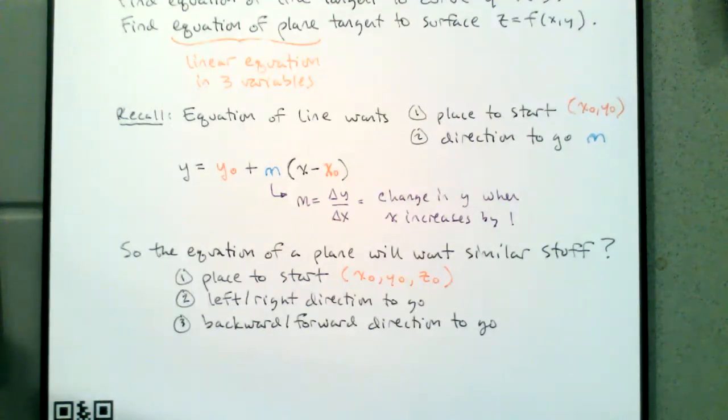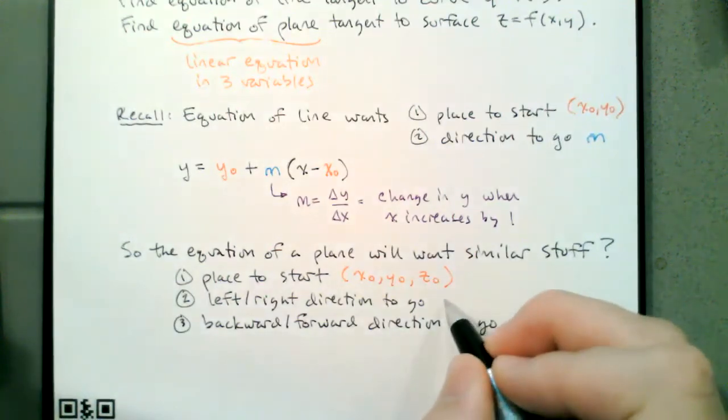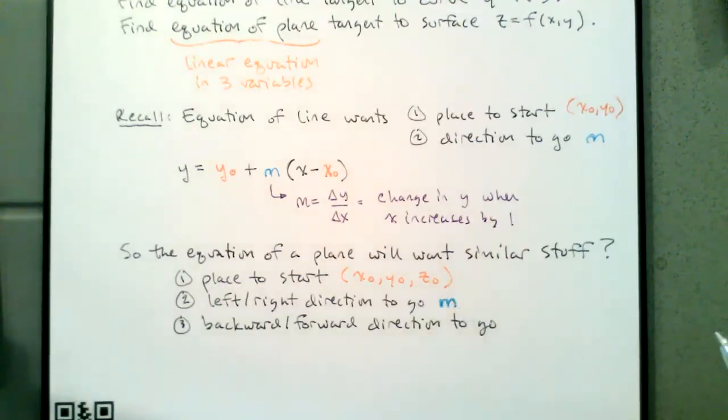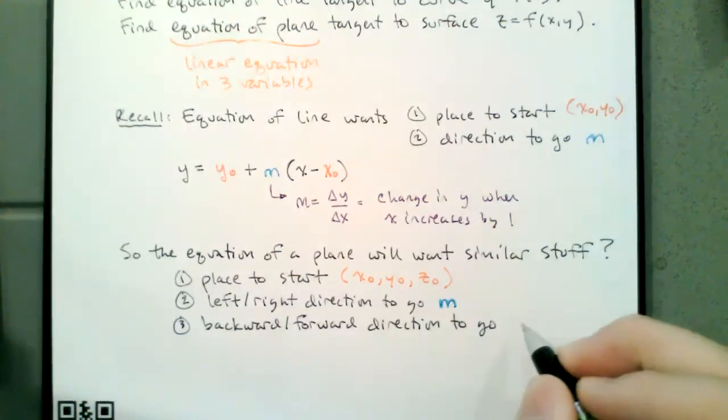So we're going to have a left-right direction to go. Let's give that a name. Let's call that m. We were able to get away with describing it with one number before. And so let's come up with a similar name for our backward-forward direction to go. I'm going to call that n.